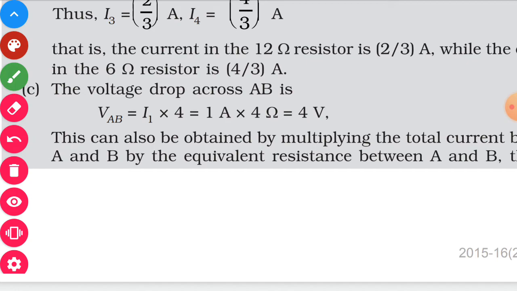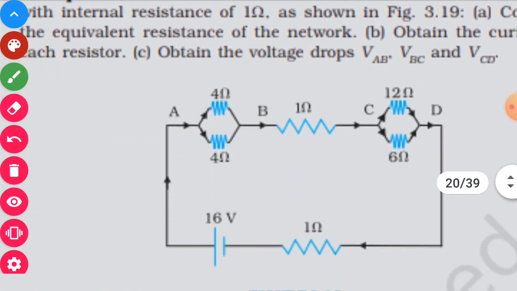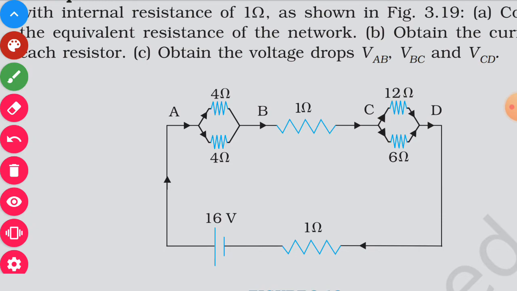Now it's very easy. Potential difference is nothing but current multiplied by the resistance. V is equal to I into R. So between A and B, first of all, we have to find the potential difference. Between A and B, what is the value of resistance that we have calculated?